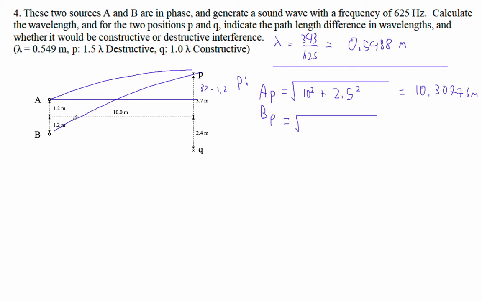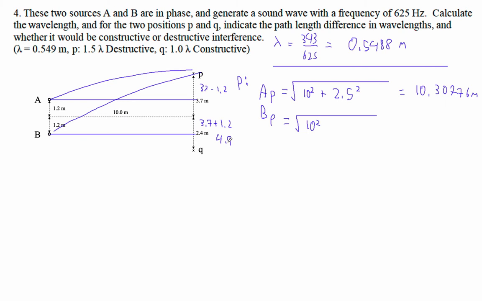And then BP is the square root of 10 squared, since 10 is our x, right? Our y is 3.7 plus 1.2, so that is 4.9.